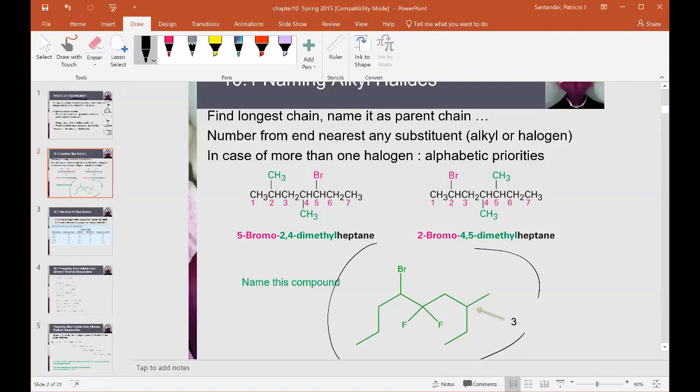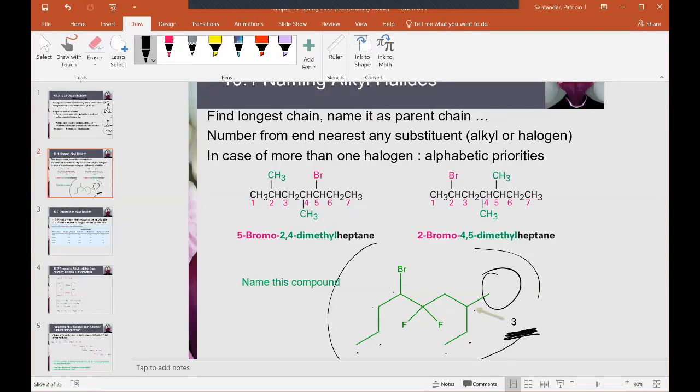If I number from this end, 1, 2, 3, 4, the bromine will be on carbon number 4. But if I number from the other end, 1, 2, 3, the first substituent, the methyl group in this case, will be on carbon 3. So I prefer that option.